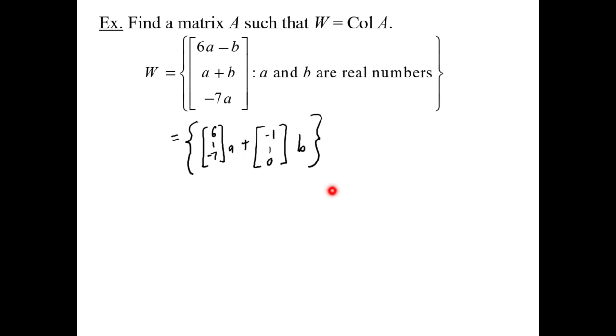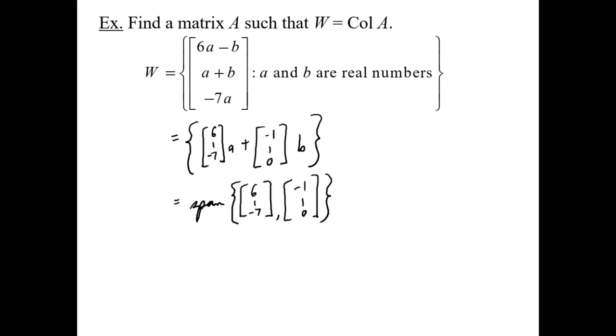Well, it's worth pointing out that this is the span of those two vectors, 6, 1, negative 7, and negative 1, 1, 0. The span of these two vectors is the set of all vectors that are linear combinations of these. Well, that's what W is. W is the first vector times any number a, plus the second vector times any number b. So we want the span of this.